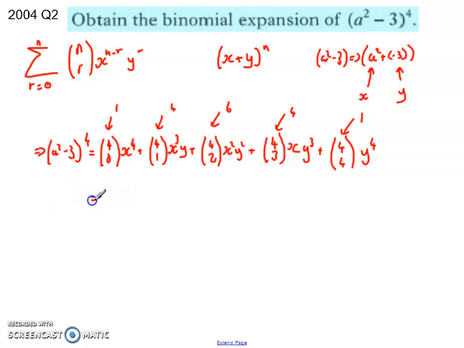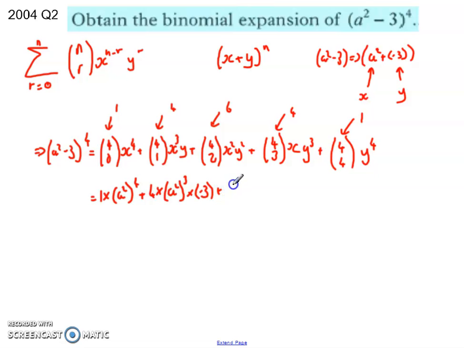So if I substitute all of these bits in, what I'm going to end up with is 1 times what would be x, so it would be a squared to the power of 4, plus 4 times a squared cubed times the y, which in this case is negative 3.